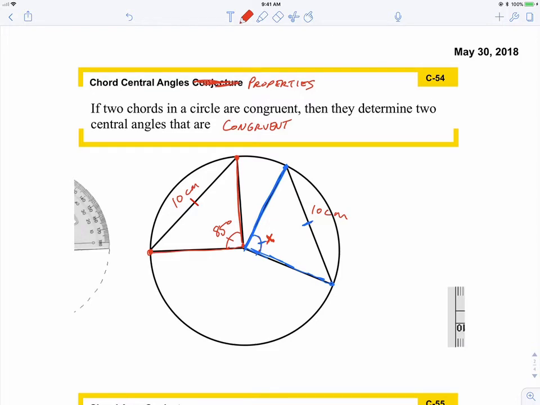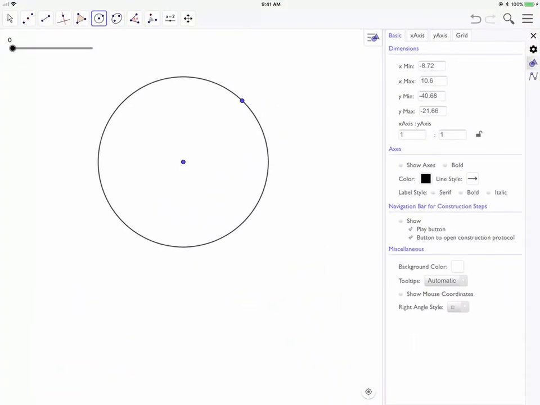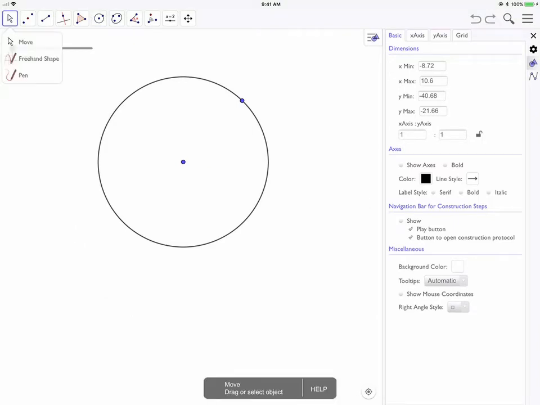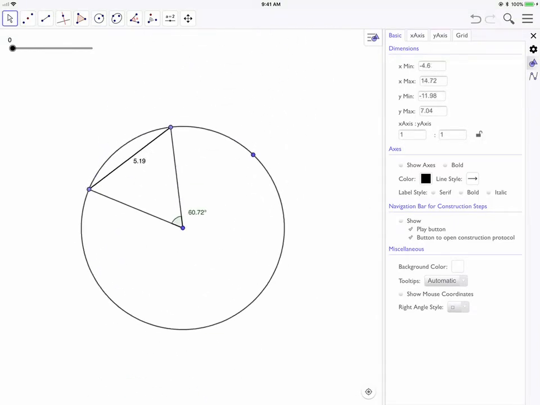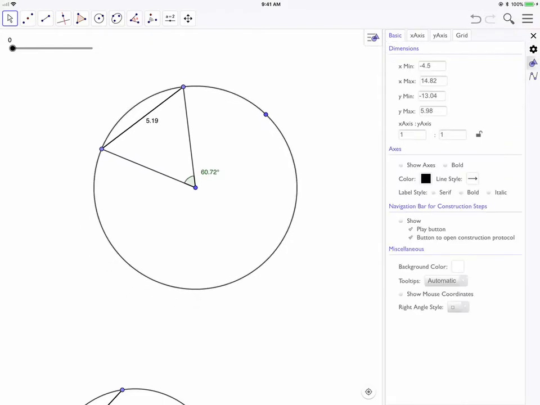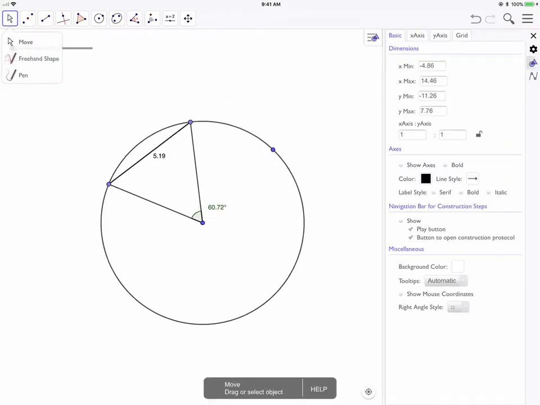Let's look at why that works, or just give you a visual of how that works. So I made a circle here, and we've got this chord that has a length of 5.19 units, right?